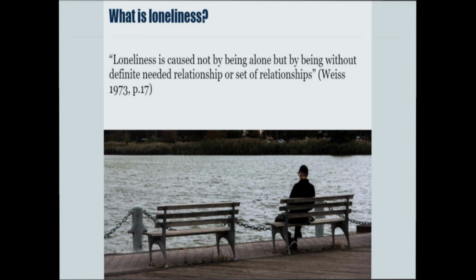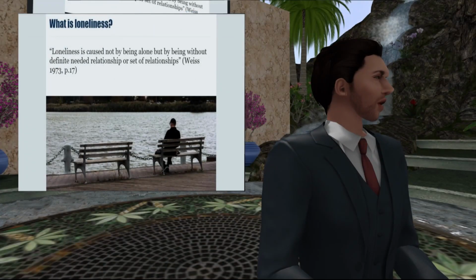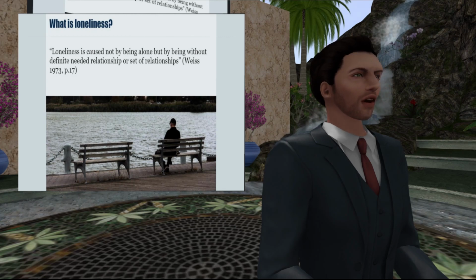So in a nutshell, and this is Weiss, who was a psychologist: loneliness is caused not by being alone, but by being without a definitive needed relationship or set of relationships. We are social animals. And it is interesting because I want to know your feelings.